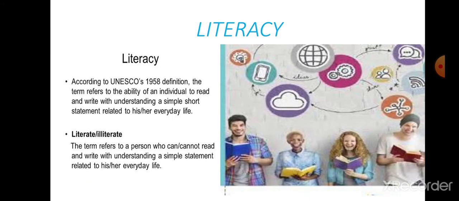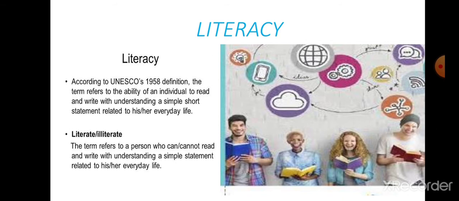Let's see the literacy. According to the UNESCO 1958 definition, the term refers to the ability of an individual to read and write with understanding a simple short statement related to his or her everyday life.